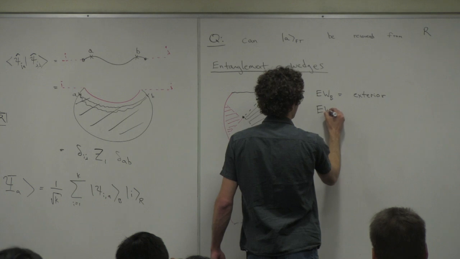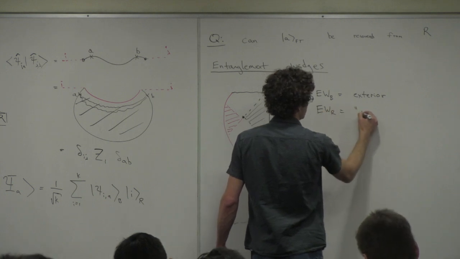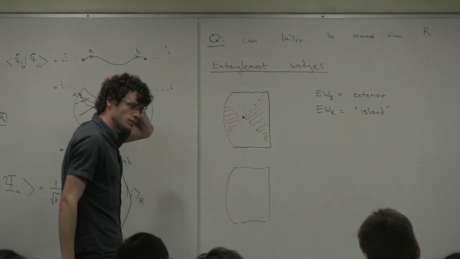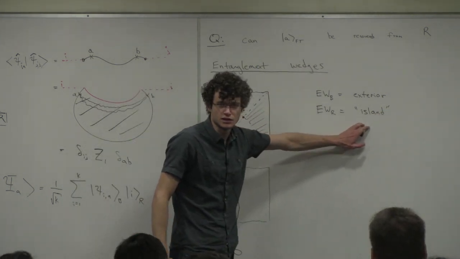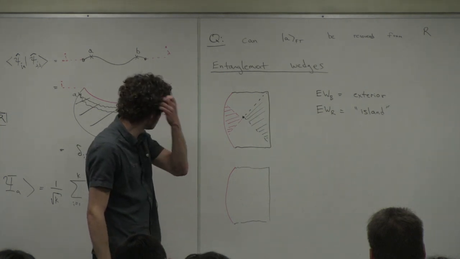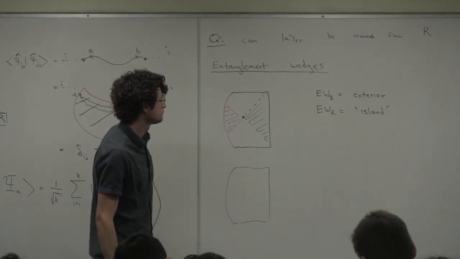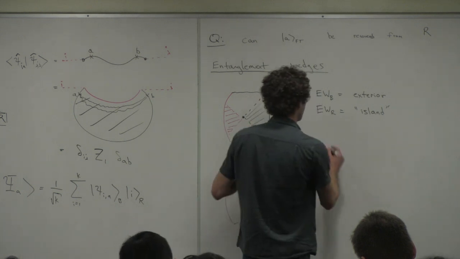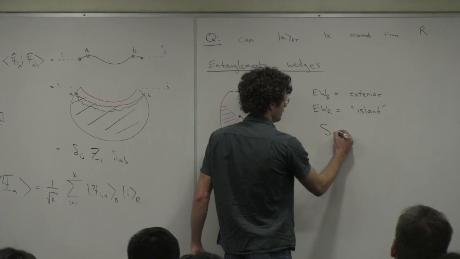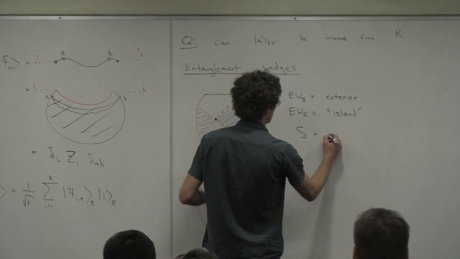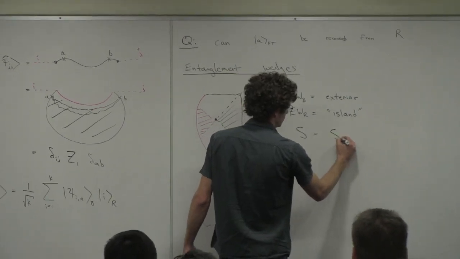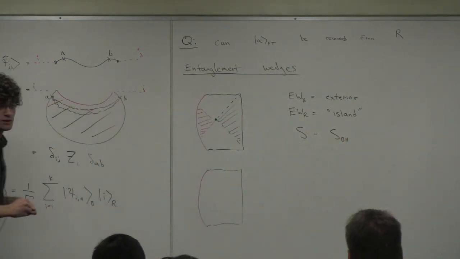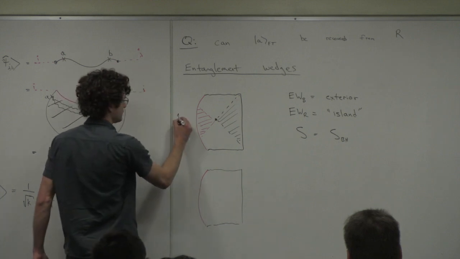And the entanglement wedge of the R system is this region that's known as the island. And I think that Juan will discuss islands some more in his talk. But it's this region here. And if we use this entangling surface as the Ryu-Takayanagi surface, we find the entropy that's just the area, the value of the dilaton at that point, which is just the coarse-grained entropy of the black hole, the Bekenstein-Hawking entropy of the black hole. So this is candidate surface 1, candidate extremal surface 1.